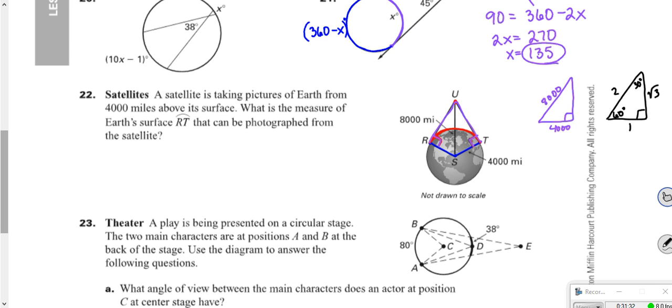So that means that this angle right here is 30 degrees, as is that angle. So altogether, measure of angle RUT is 60 degrees. That's going to be my hint to you.